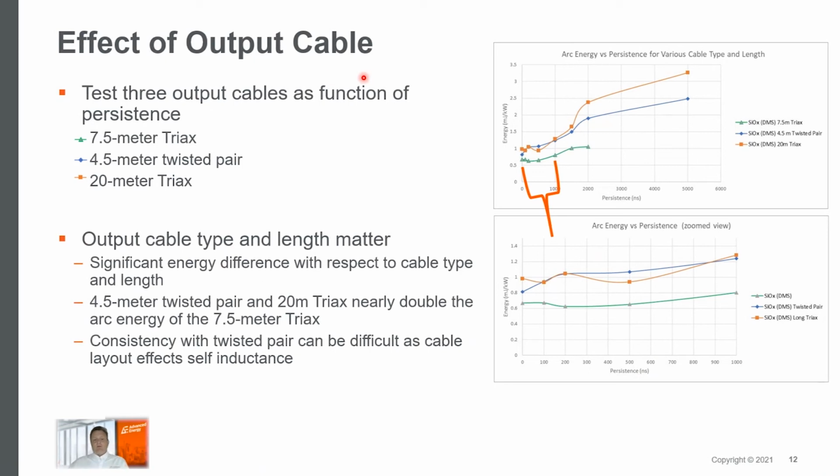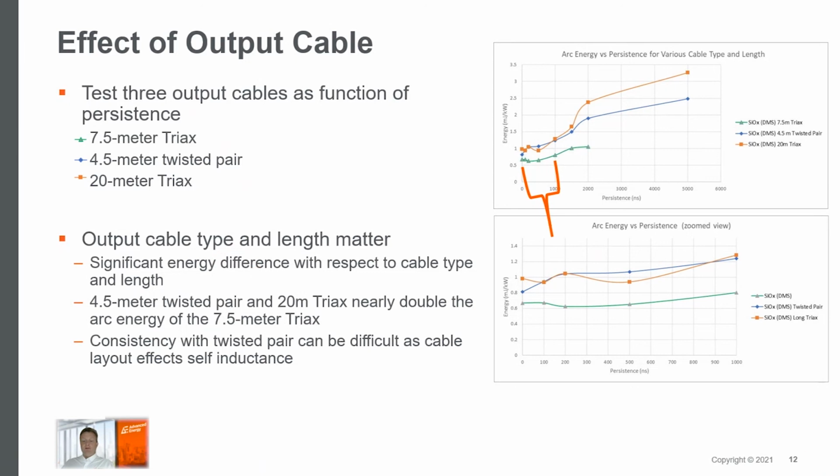The output cable has a dramatic effect on arc energy. We tested 3 output cables and repeated our persistence experiments. We used a 7.5 meter triax, a 4.5 meter twisted pair, and a 20 meter triax. The length and cable type do matter.